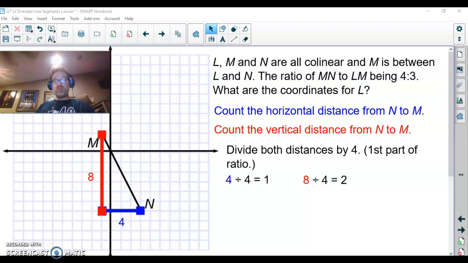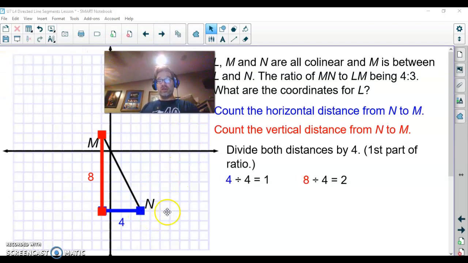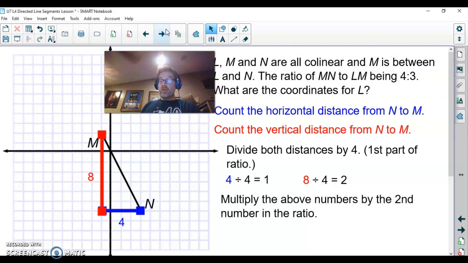So when we are counting horizontally, we are counting one group. When we're counting vertically, we're counting 2 groups. That's what that means. The second part, L to M, is going to count by 3s. How many times will I count by 3?